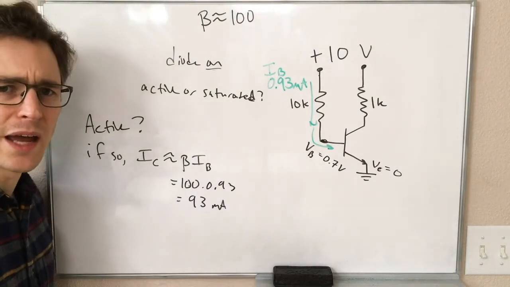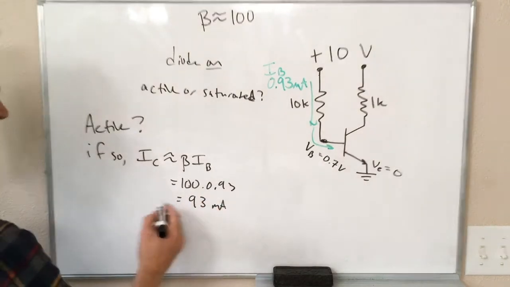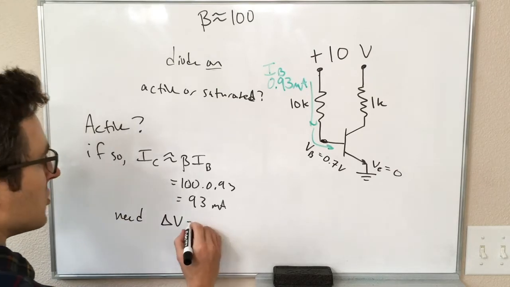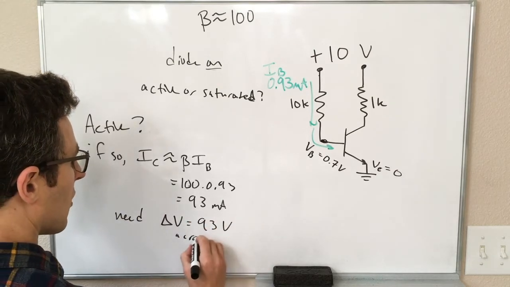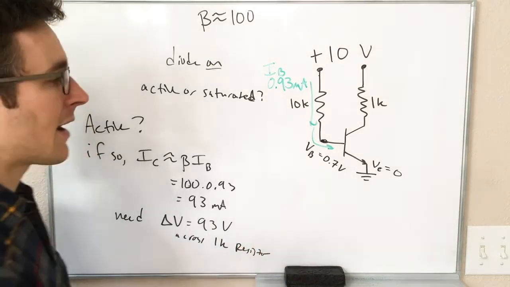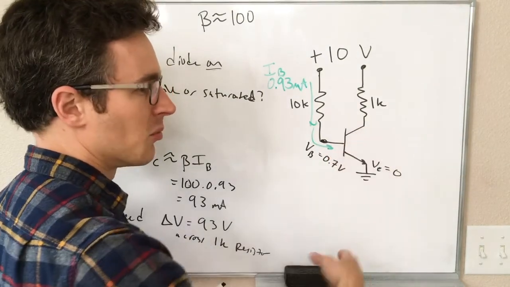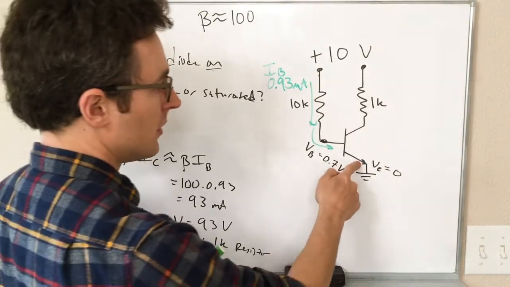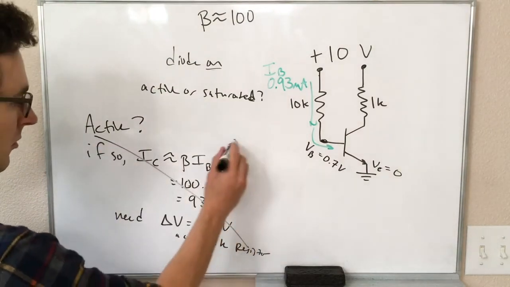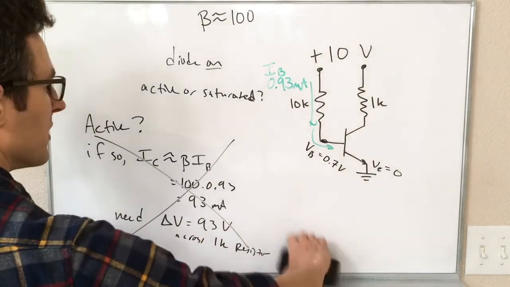Yes, if we had 93 volts across it. Well, that cannot be true because this is 0 volts down here and our collector cannot be at some voltage below the emitter. The lowest it can be is a couple tenths of a volt above that. So we're not going to have a 93 volt difference across there. So we are not in active mode. We must be saturated.